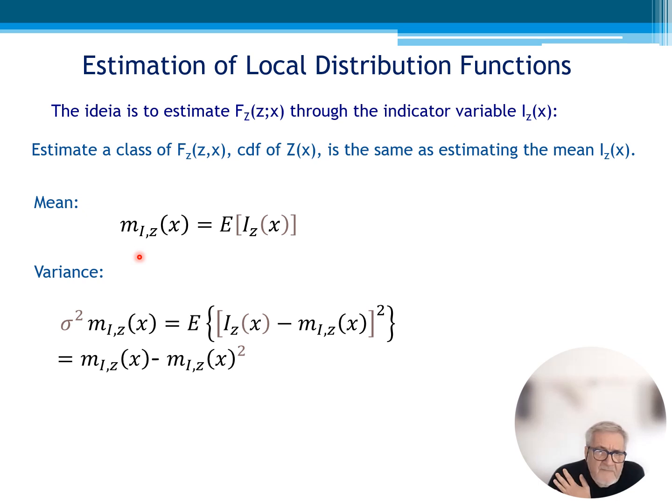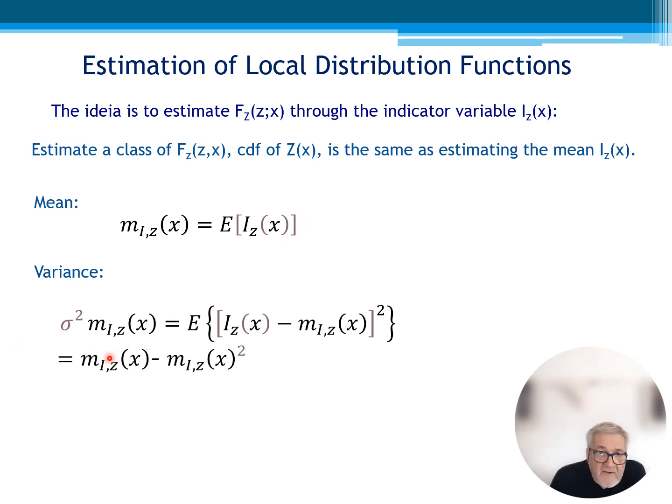Here is the mean of the indicator variable, and this is the variance here, which is a function of the mean. The variance of this indicator is nothing else than the mean minus the square of the mean. The minimum and maximum values of the mean are 0 and 1, of course, because the variable itself is 0 or 1.